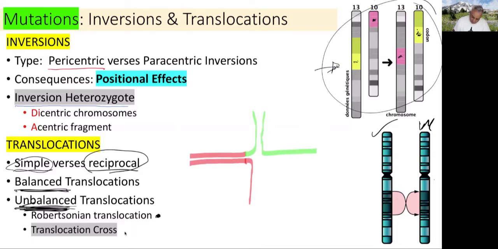And then that pairs with the wild type chromosome there. And then we have the other chromosome with the translocation pairing up in such a fashion. Okay. And the centromere in this case for this chromosome will be over here. And for the other chromosome, maybe there. So we get this translocation cross where the different segments with the different numbers line up.